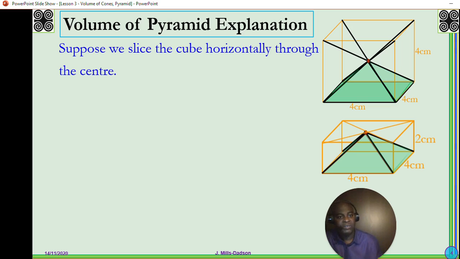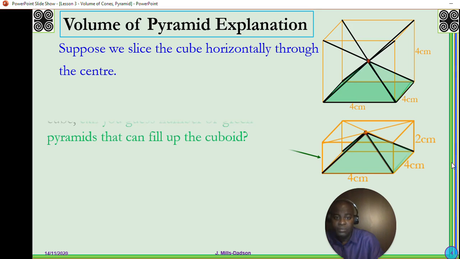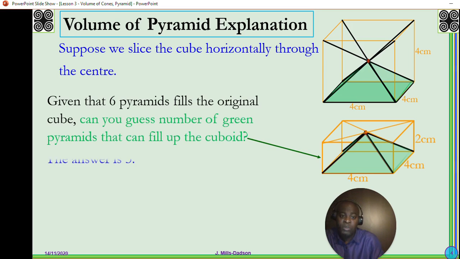Remember, we said 6 of the pyramid makes the cube. This time, slicing half of it, how many of the green pyramid makes the cuboid? It should be 3. So we have 3 of the pyramid making the cuboid.